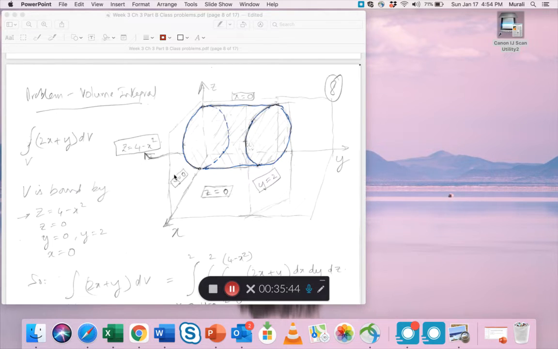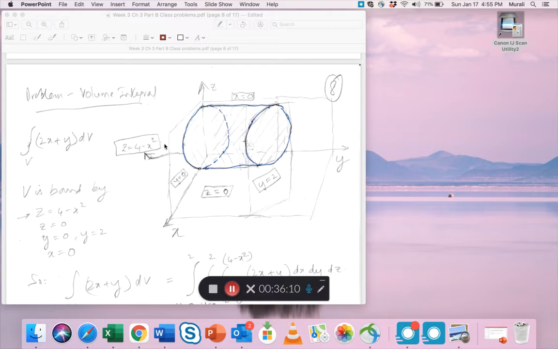On one side it's hitting the y equals 0 wall. Think of this as the walls in your classroom. There's one wall y equals 0, there's another wall, the floor actually, z equals 0, then there's another wall y equals 2. So the three walls act as boundaries, and the fourth boundary is the cylindrical surface z equals 4 minus x square.